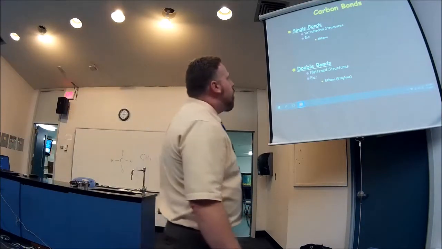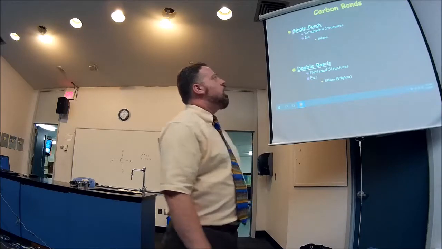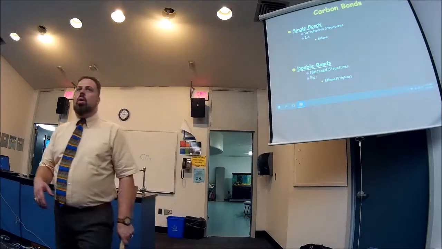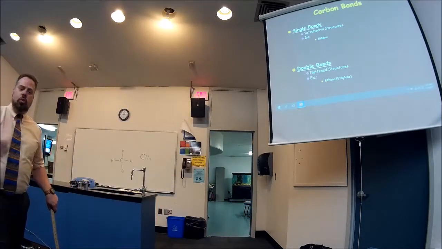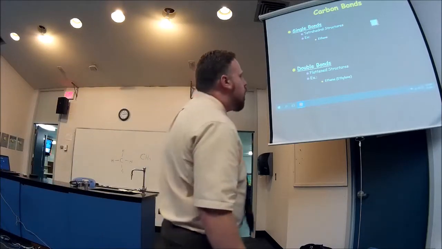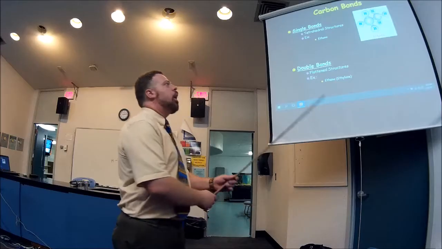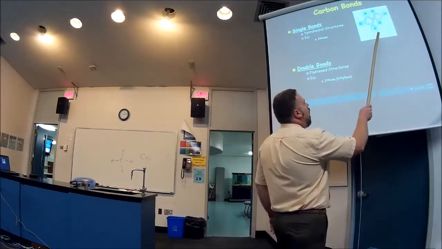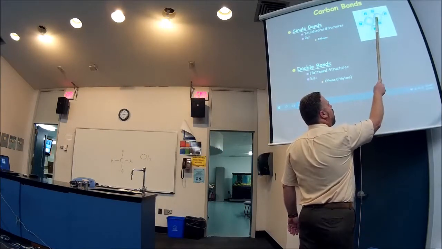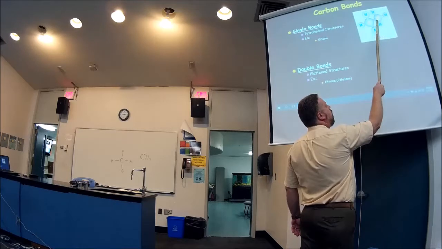But when carbon has single bonds, it creates more of a tetrahedral structure. Kind of looks like this. And there's the carbon, and there's a bond right there, a single bond.